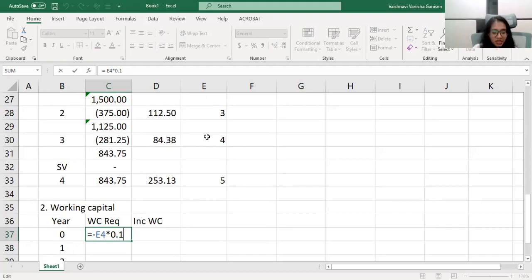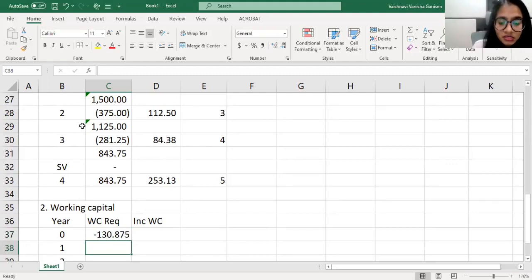So how do you do it, or what do you do? You will take your sales from year 1, multiply by 10%, and that will be the investment that you need in year 0. Okay, guys. Number 2, please remember to make it a negative sign, because a negative means an investment in working capital. So equals to, enter. Okay.